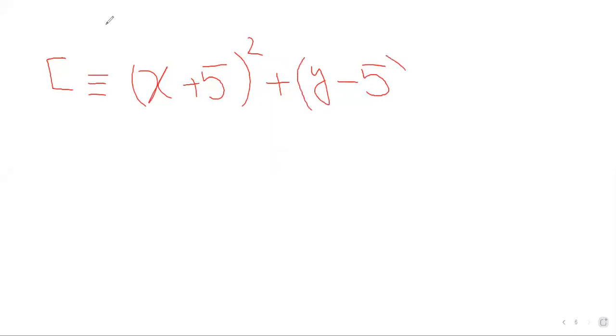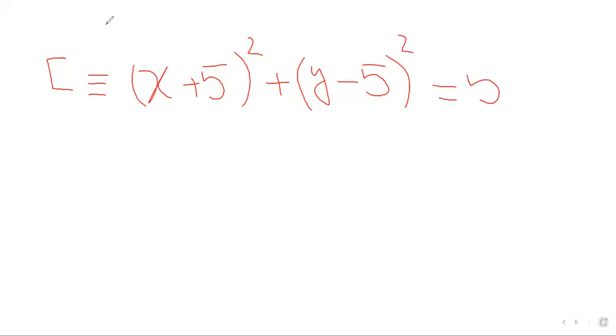This is x plus 5 whole square, plus y minus 5 whole square, is equal to 5.